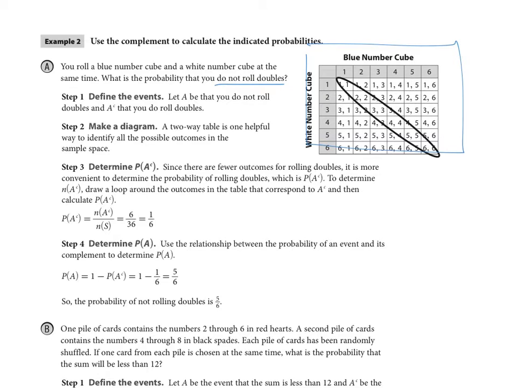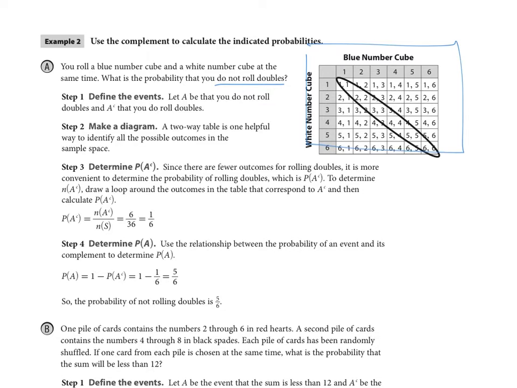If the probability we're being asked for is a little too complex, we're going to determine the probability of it not happening. So if we count down this diagonal, we have 1 and 1, 2 and 2, 3 and 3, 4 and 4, 5 and 5, and 6 and 6, which are what we call doubles. That's 6 different possibilities out of the total of 36 in the sample space. So the probability is 1/6 of getting doubles.